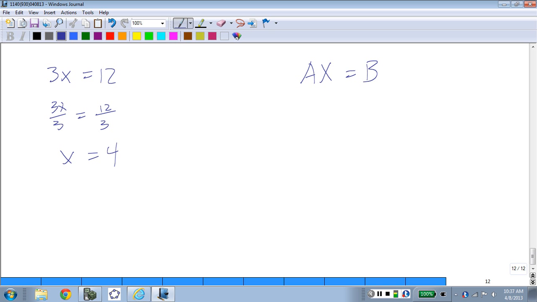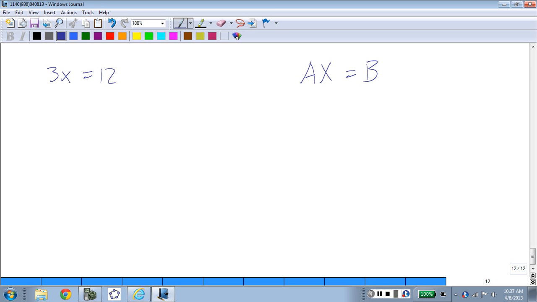But we haven't defined matrix division, and really, we're not going to. There's really not a nice way to define matrix division. So let's back up to this one and see how we would go about solving this if we can't divide. Division is not allowed. You can only multiply.